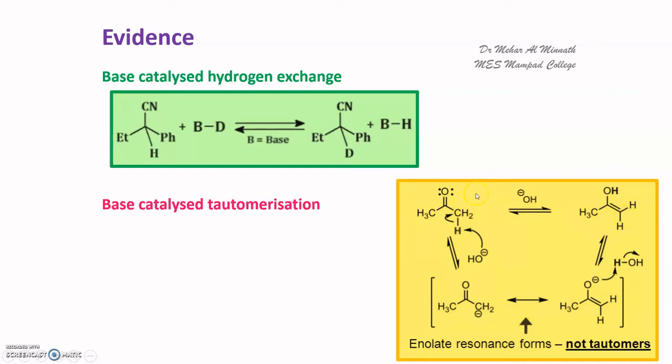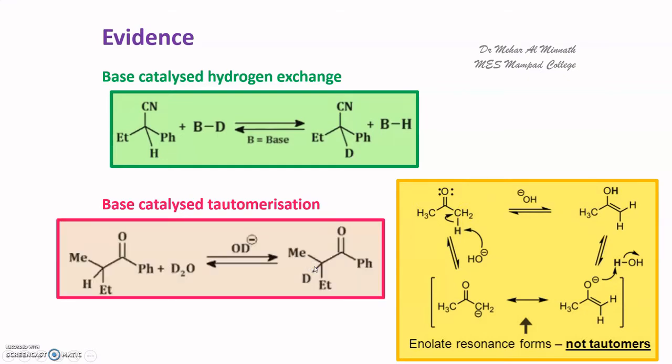So the keto-enol tautomerization is independent of the concentration of the base. And this is shown when you use a deuterated base or you use heavy water, D2O, you get the deuterated ketone. That means it shows what is called the isotope effect.